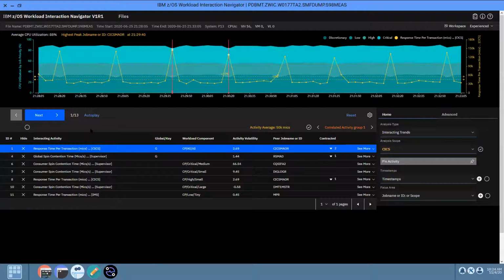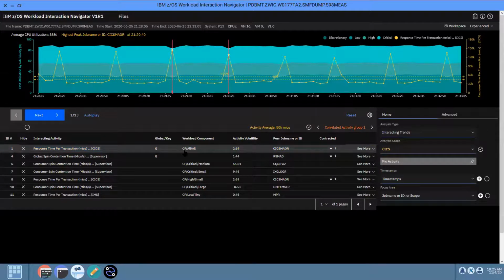One of the things that the Navigator does in prioritizing activities is that there's a concept of some activities being more important than other activities. There are some activities which impact the whole workload. Those are called global activities. Global activities appear first in a correlated activity group.